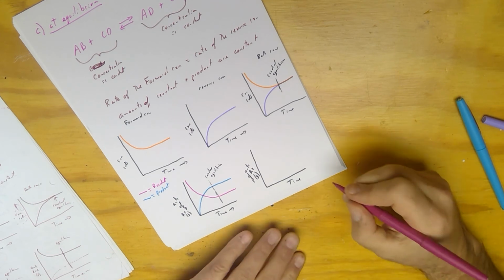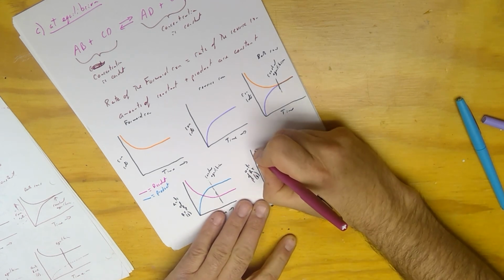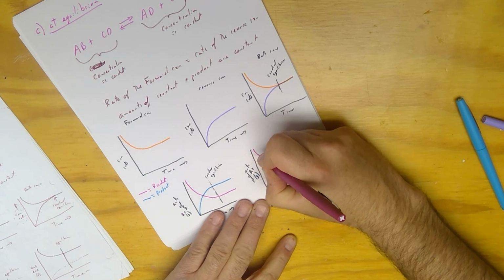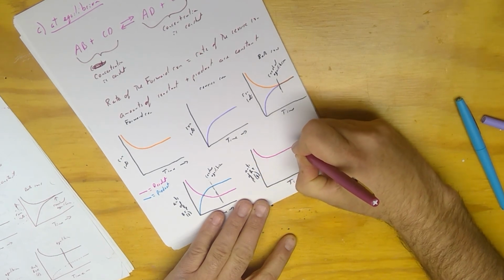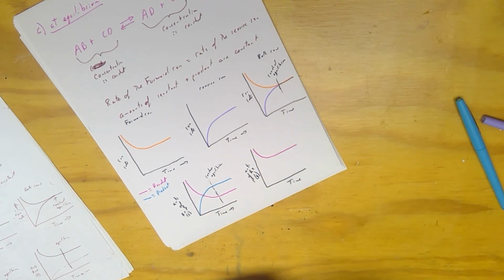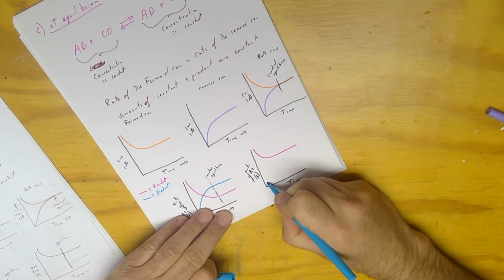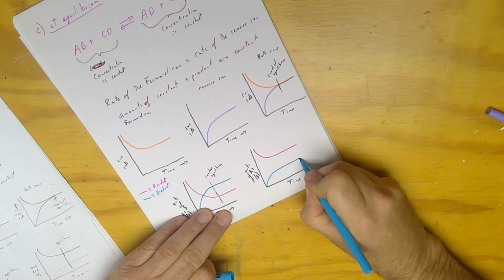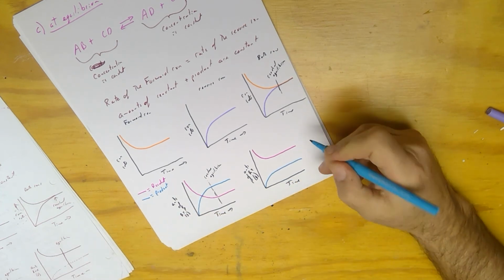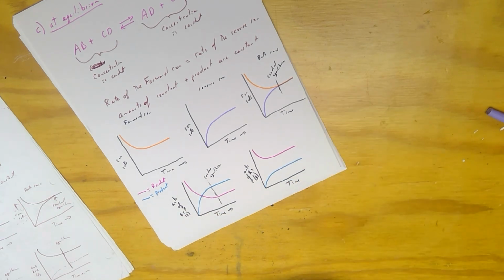Well, let me draw another graph. Same thing, okay? This is my reactants. Starts high. Has this system reached equilibrium?